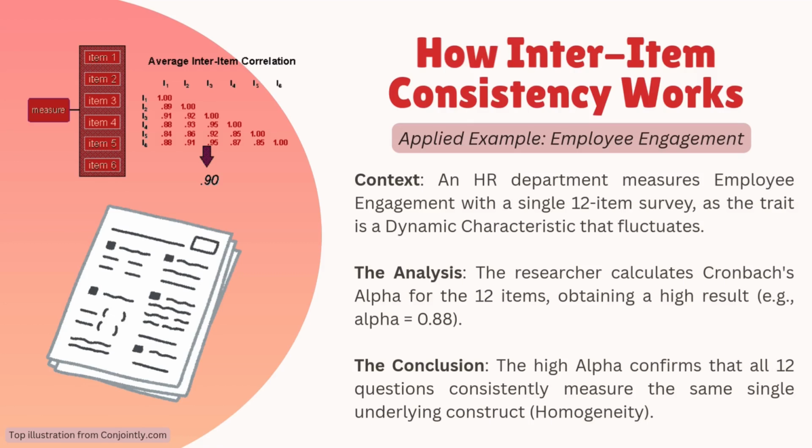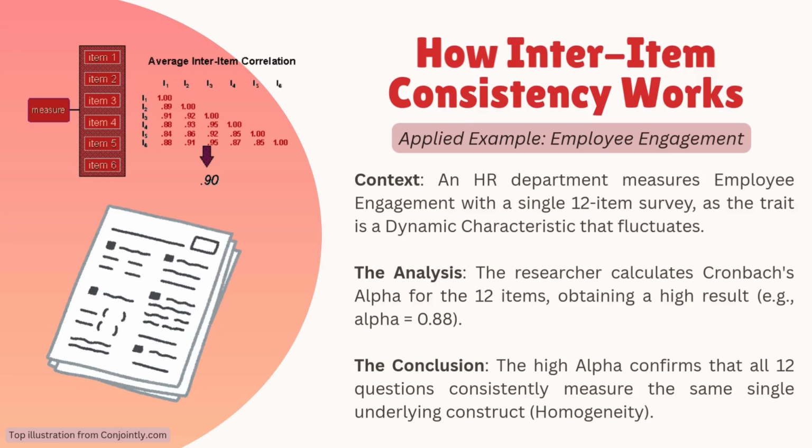And so the researcher then calculates, let's say, the Cronbach's alpha for all of the 12 items and gets an alpha of 0.88. So this is an exceptionally high value, which confirms that all 12 questions are consistently measuring the same underlying construct, which, as mentioned, was employee engagement.